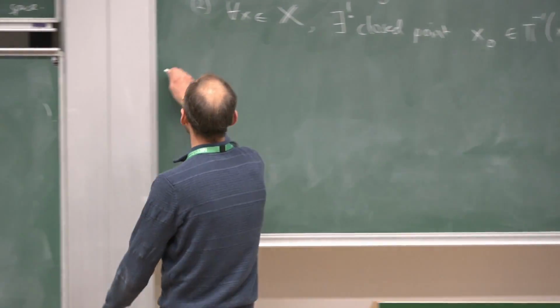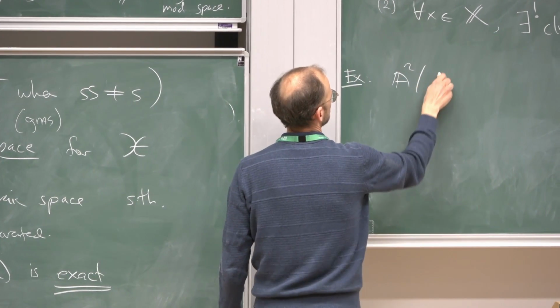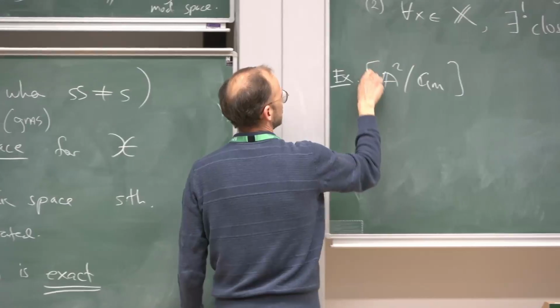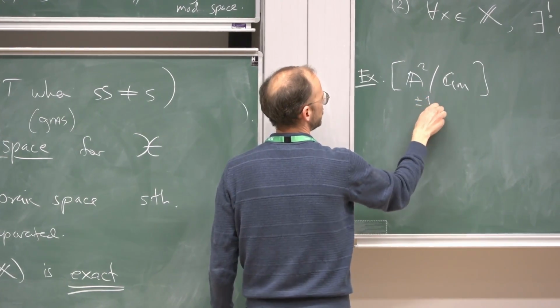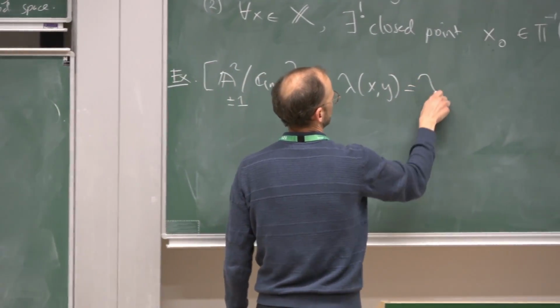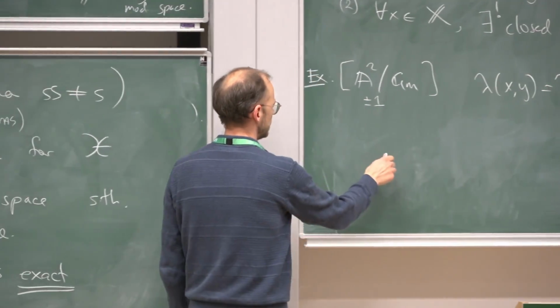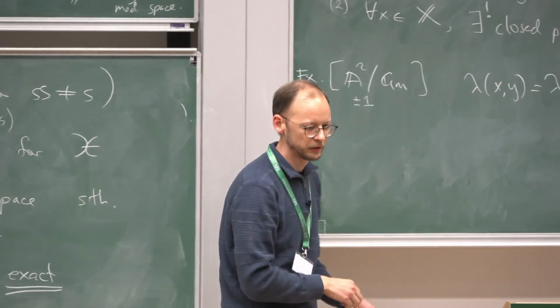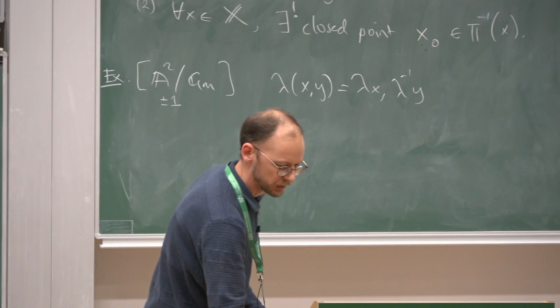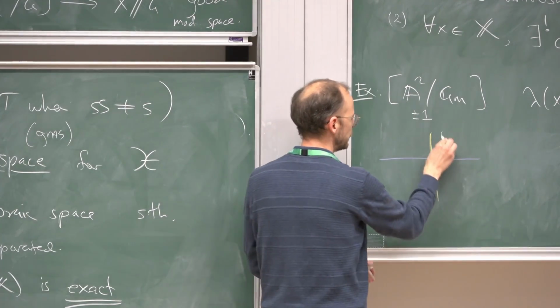Perhaps it would be good to finish with this example that Josh had, where we have weights plus minus 1. We have this action, and I said the picture is that we have some special orbits, and then we have the generic orbit.